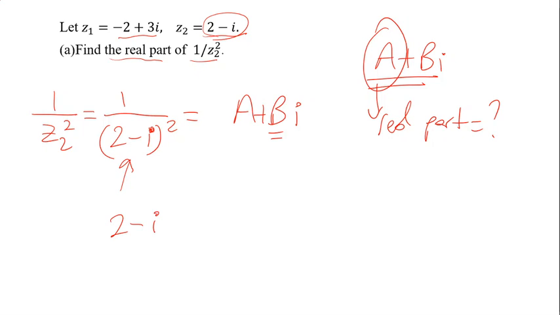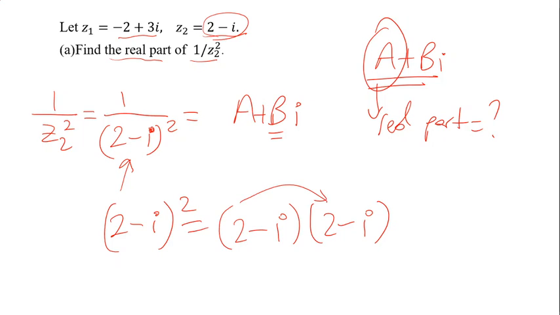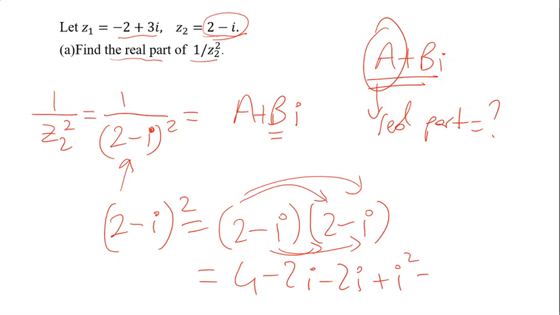What is (2 - i) squared? You can use special product formulas, or you can do it this way. It's not a big job, you can just do distribution. You'll get 4 minus 2i, and there's minus 2i, and then this one here plus i squared. When you do this calculation, you will get 4 minus 4i minus 1.